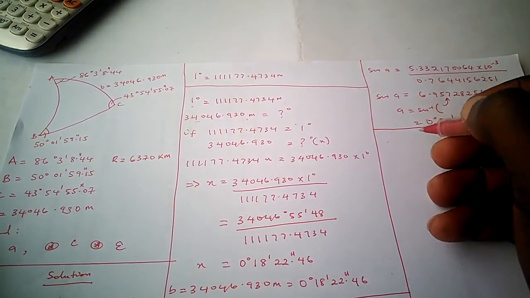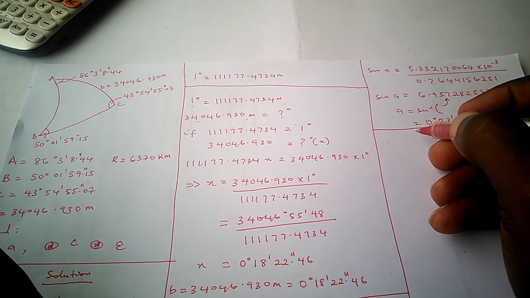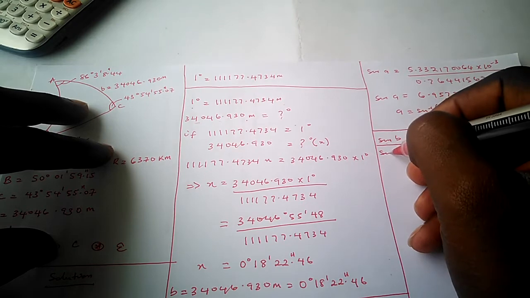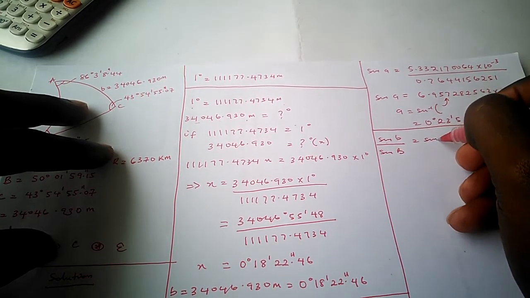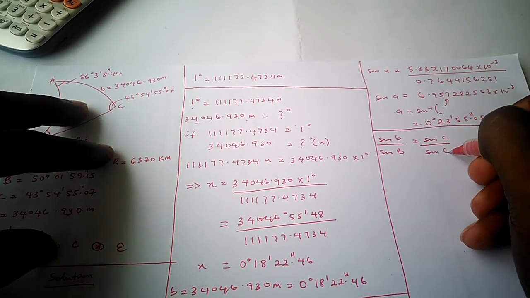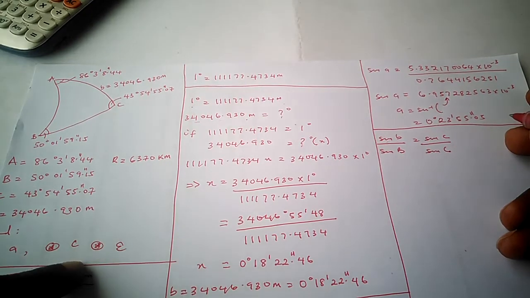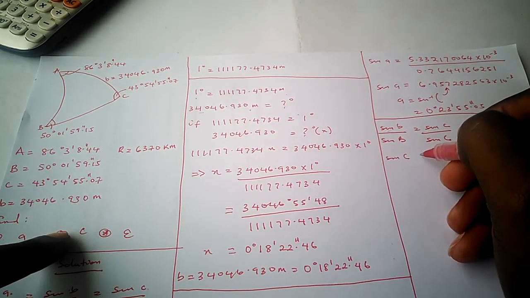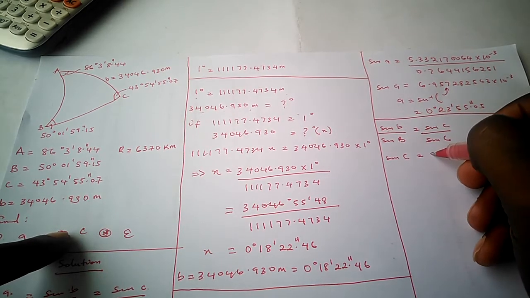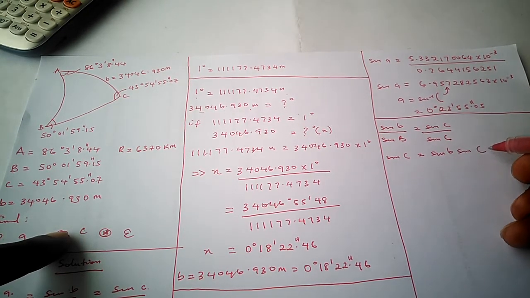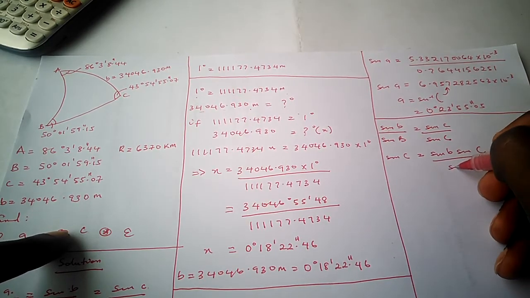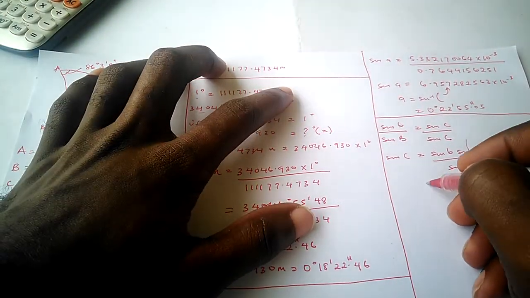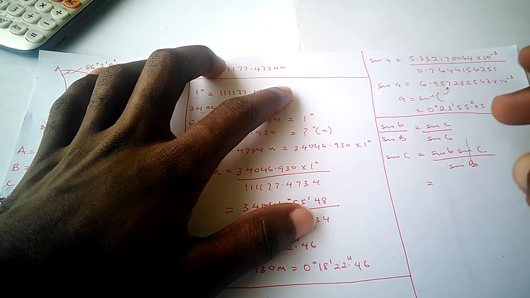So we are now going to equate sine B and sine C. So we have sine B over sine B equals sine C over sine C. Since we need the value for C, we are going to make C the subject of the formula, which implies that sine C is equal to sine B sine C all over sine B, all over sine B. Now we are going to input the parameters into this formula.